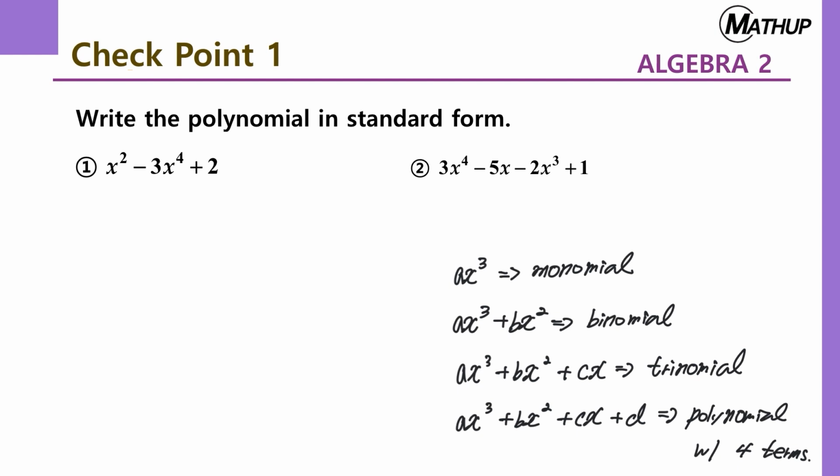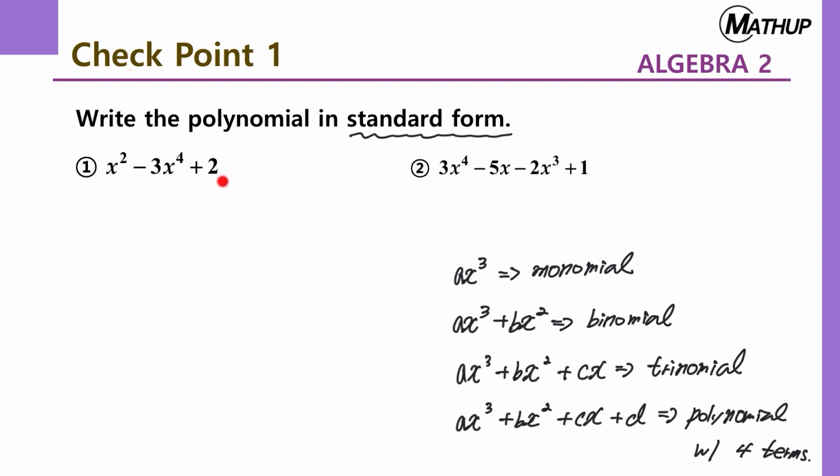Okay, the question is to write this polynomial in standard form, right? To write any polynomial in standard form, we have to arrange the terms in order of decreasing degree. Okay, so this term has degree 2. This term has degree 4.